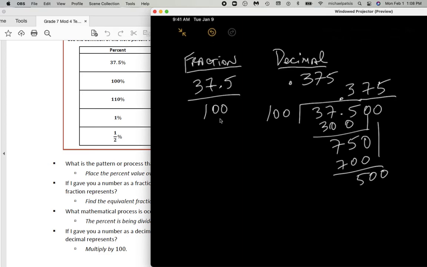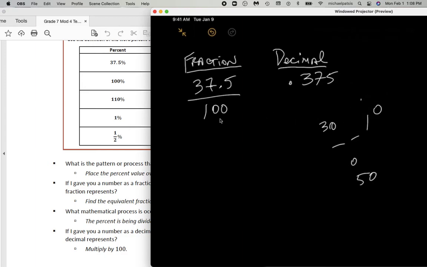Well, what we could do here is say to ourselves, we are dividing by 100, and we have a decimal point up top. If we're dividing by 100, we are allowed to move that decimal point 2 places to the left. How do I know to go to the left? Because I'm dividing. Whenever you're dividing, you're going to make your original number smaller.